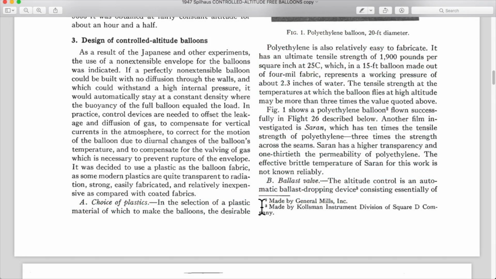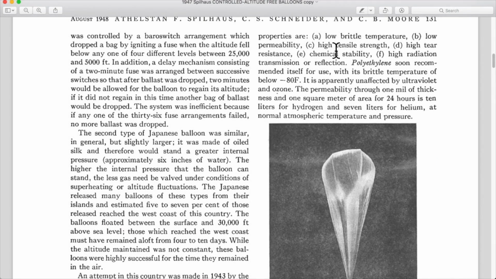Let's see, choice of plastics. What you want to have for a balloon is a low brittleness temperature. That means the temperature at which the plastic starts to crack when you bend it. Low permeability, that's the diffusion through the film. High tensile strength, because the thing has to be pressurized.